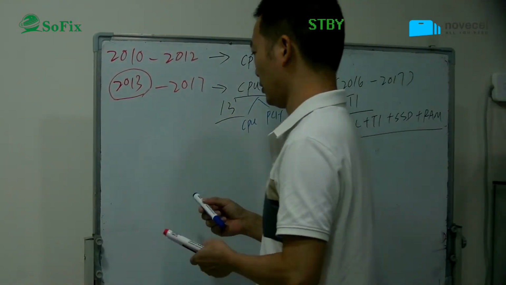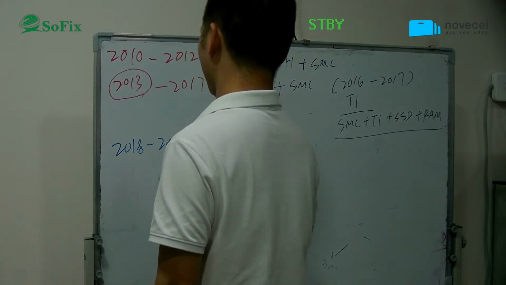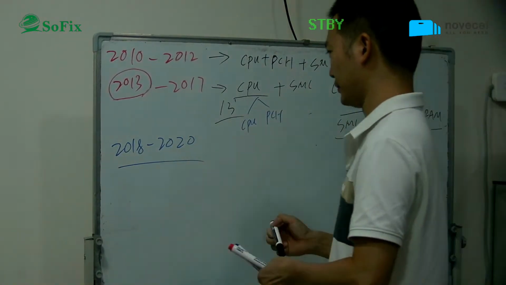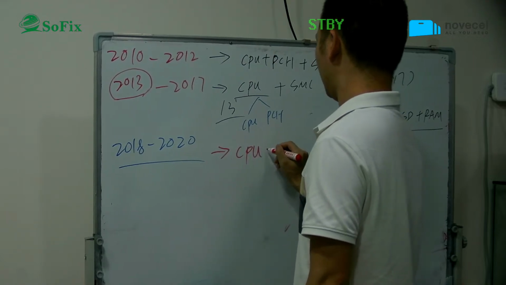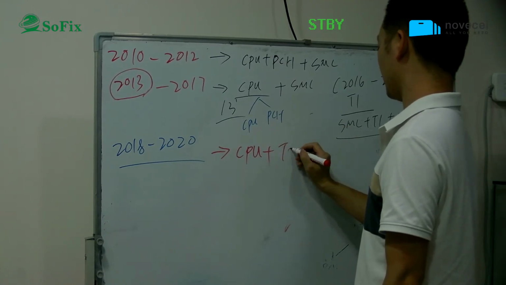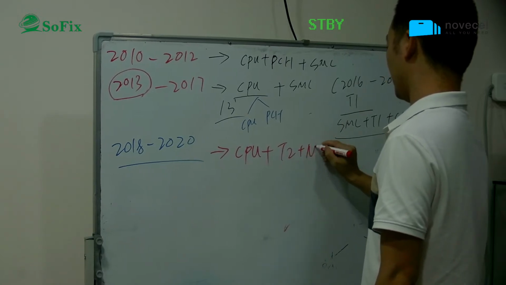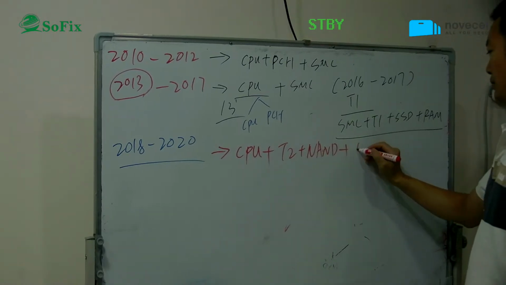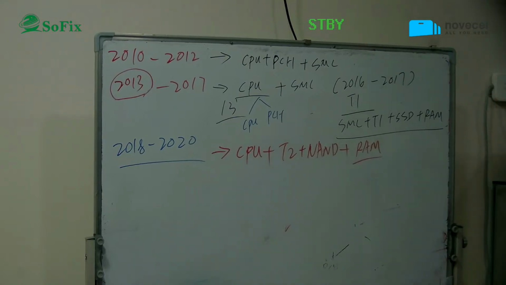And the T2 model, 2018 to 2020, also has a motherboard with the CPU, T2, SSD NAND, and RAM memory soldered in the motherboard.